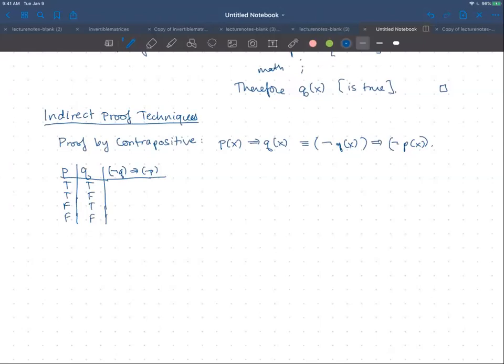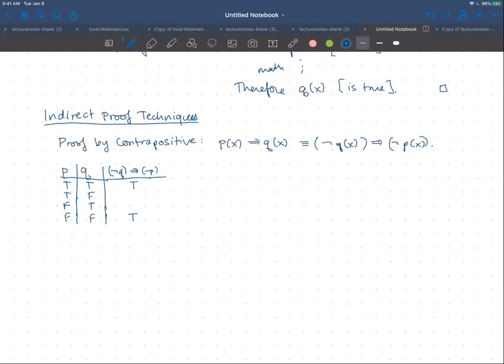If we think about when this statement is true, well, whenever not Q is false, the premise of this implication is false, so it will be true, which means whenever we see a true in the Q column, this thing will be true. And it will be true when not Q is true and not P is also true.